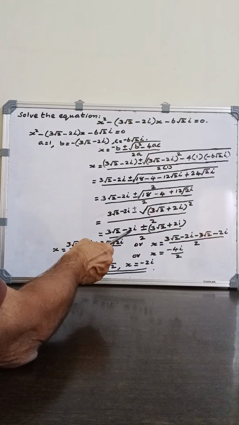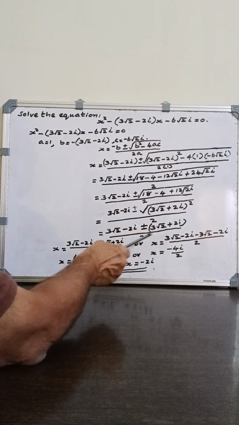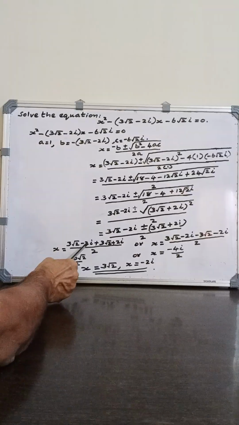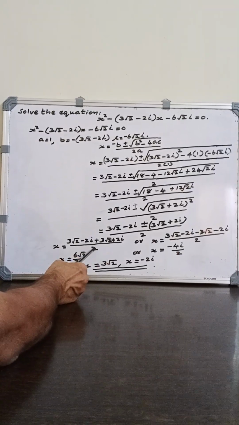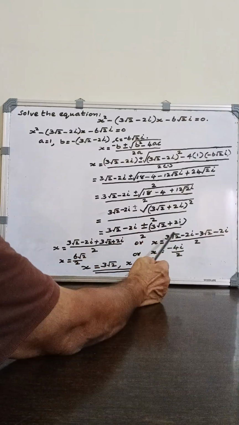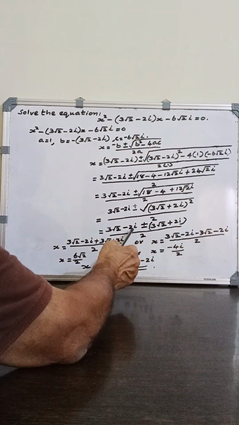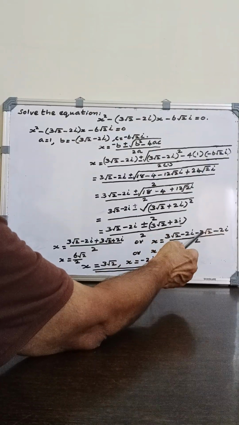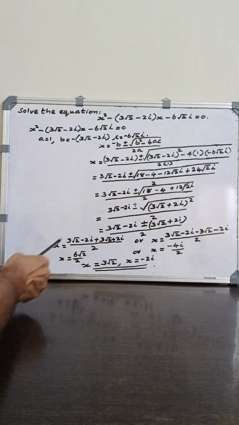Therefore, 3 root 2 minus 2i plus or minus (3 root 2 plus 2i) by 2. That is 3 root 2 minus 2i plus 3 root 2 plus 2i by 2, first option. Second option, x equals 3 root 2 minus 2i minus of (3 root 2 plus 2i), the whole by 2.